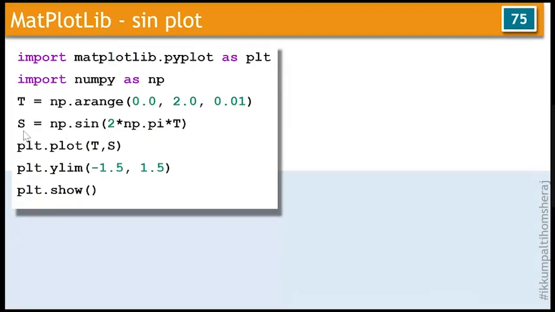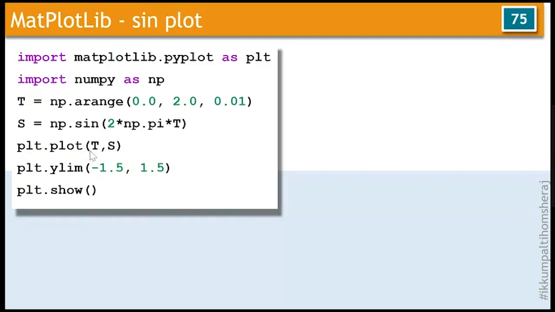And then you make S as another NumPy set of values, which is carrying 2 into np dot pi into t. That is basically from here, whatever variation of angles you are picking up, accordingly it will calculate the sine value of that, and then it will substitute in plt.plot.